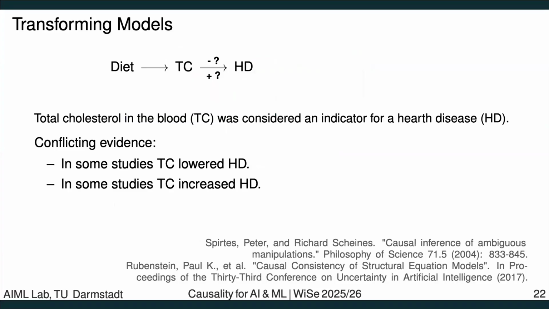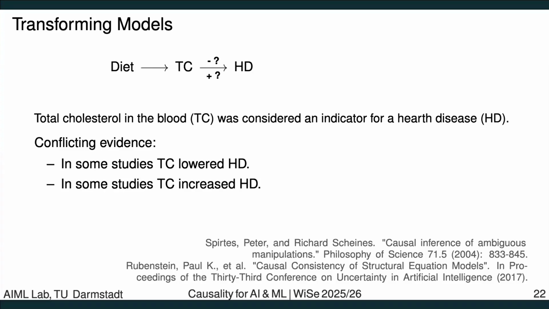So maybe we'll look at a very simple model, which is the one where we have some diet that we maybe prescribe to a patient. Then we have the total level of cholesterol in the blood, and we measure the strength or the occurrence of some heart disease.